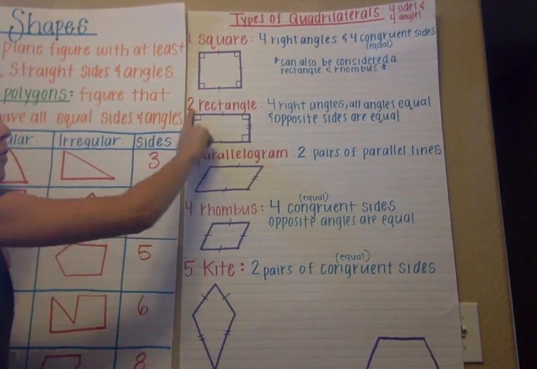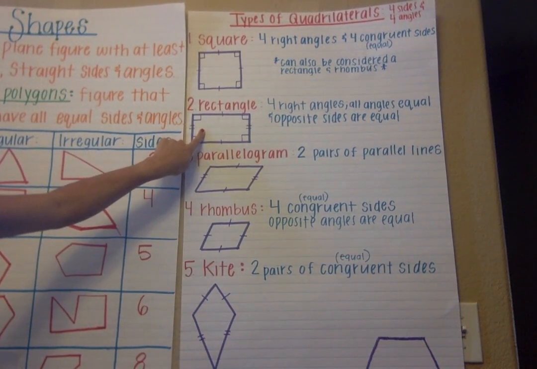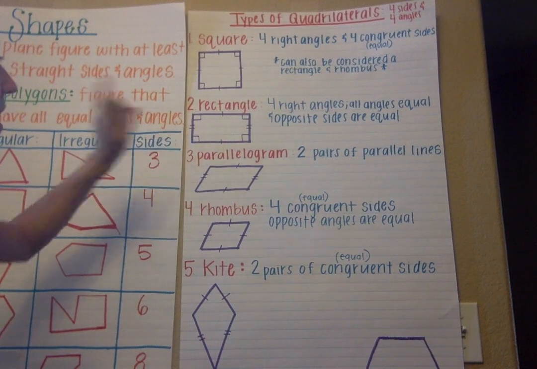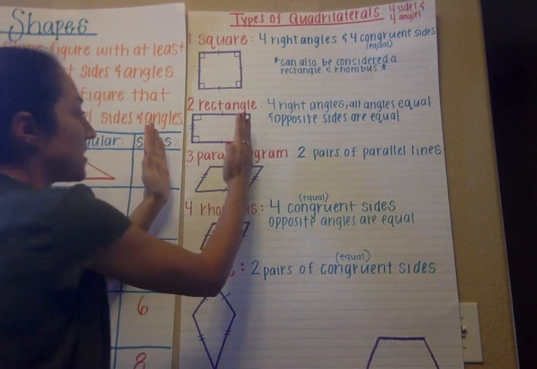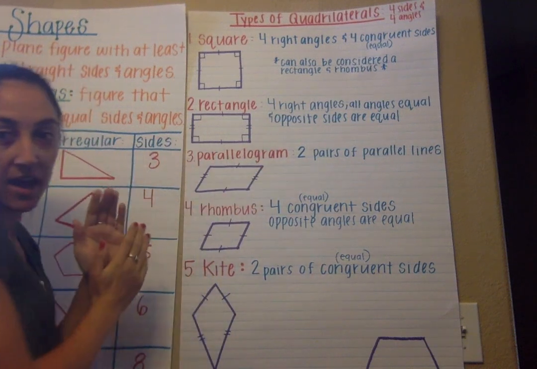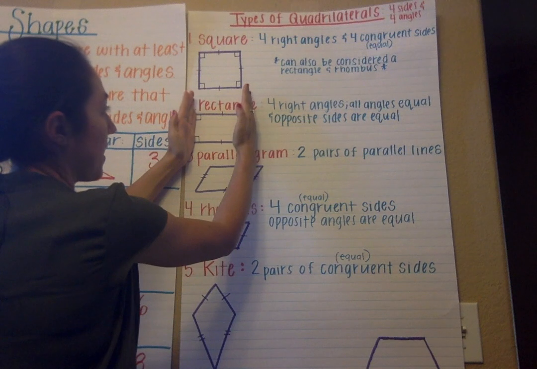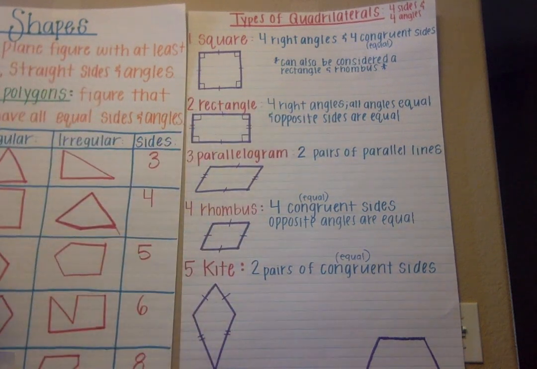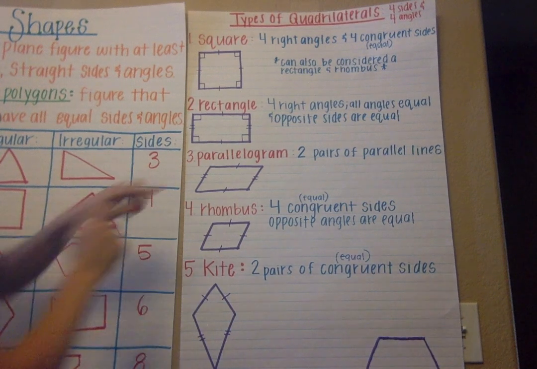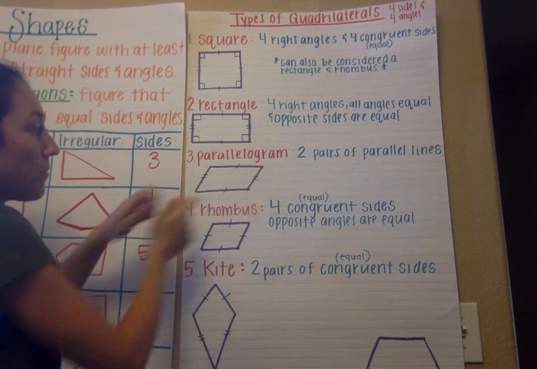So not all 4 of them are equal, so this is considered an irregular quadrilateral. A parallelogram. A parallelogram is a rectangle that is just kind of pushed to the side. So if I had this here, and then I wanted to make a parallelogram, I kind of just push my sides to go that way. Parallelograms still have 4 sides. However, these top 2 lines are equal, these 2 lines are equal.